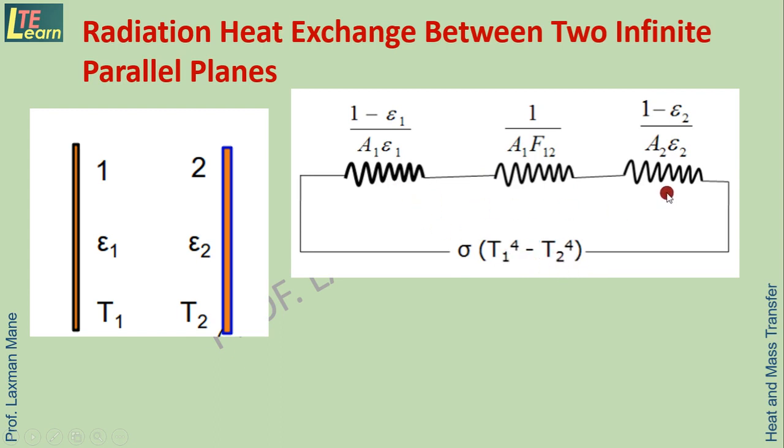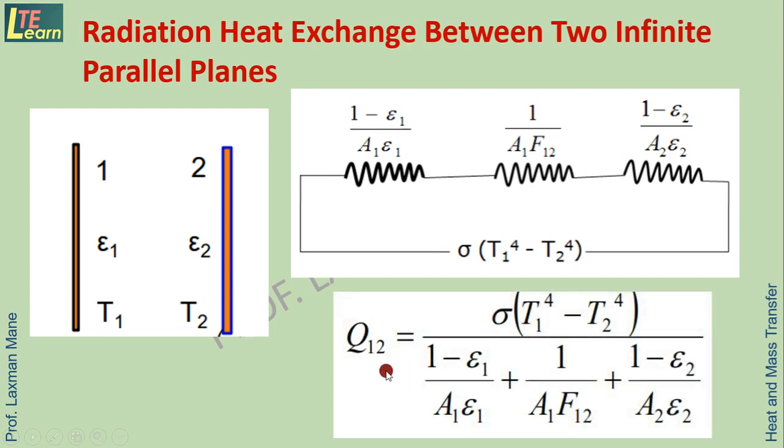These are the three resistances we consider: R1, R2, and the resistance for the non-absorbing medium between the two surfaces. So this is the formula. Q12 is equal to the potential difference at the numerator, divided by the three resistances at the denominator, and this total is the equivalent resistance as per the electrical analogy approach.